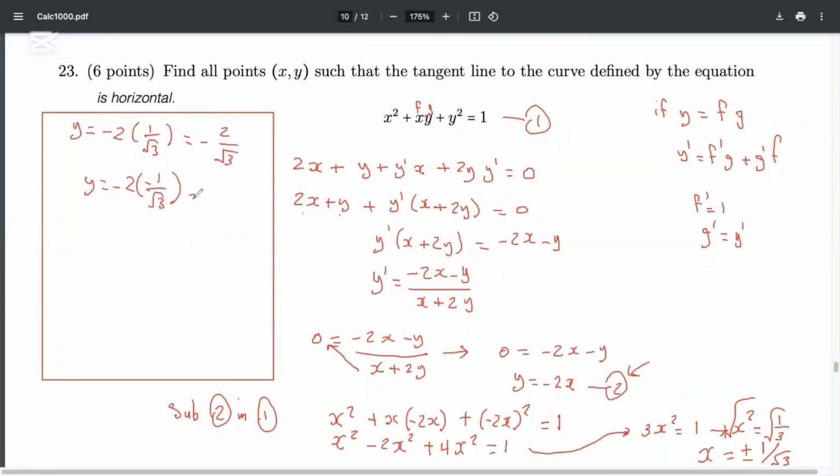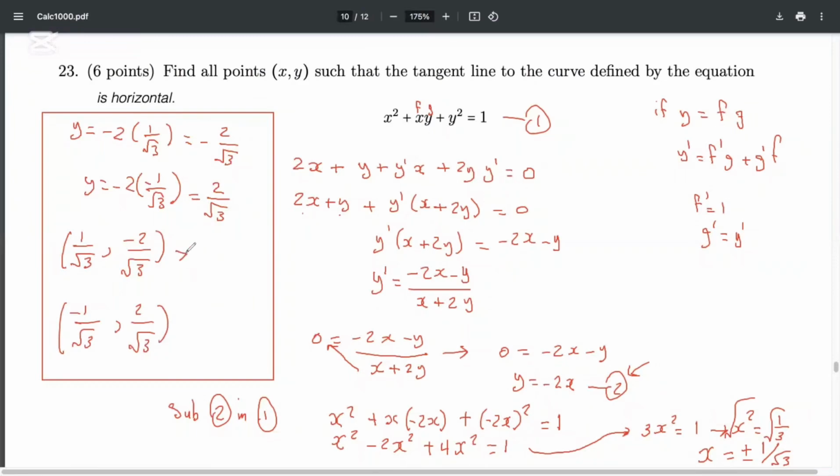And as you see, that's going to give me positive 2 over root 3. So the 2 points that have a horizontal tangent are 1 over root 3 and negative 2 over root 3. And the other point is negative 1 over root 3 and positive 2 over root 3.